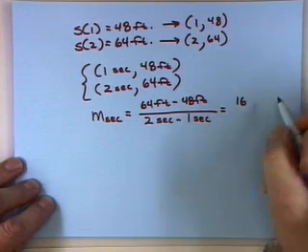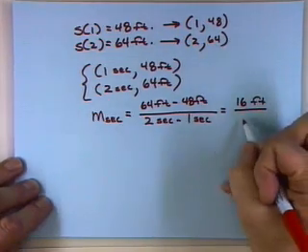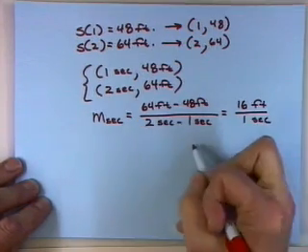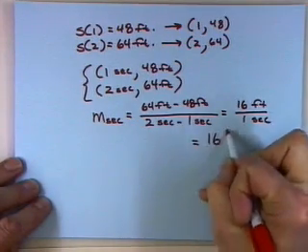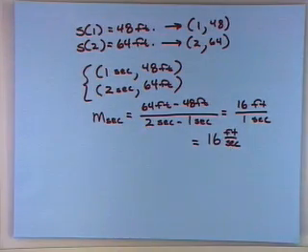What? Feet? Feet per second. And 2 seconds minus 1 second is what? 1 second. So it looks to me like we have 16 feet per second, and that is a velocity, right?